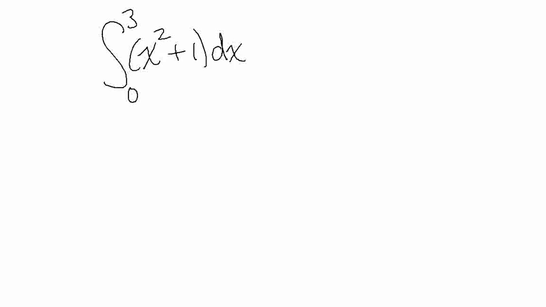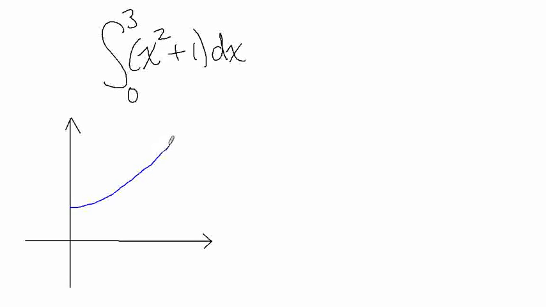Okay? So if you like, I'll make a picture to show you what's going on. The graph of x squared plus 1 is a parabola. And we are interested in the region with respect to x values between 0 and 3.